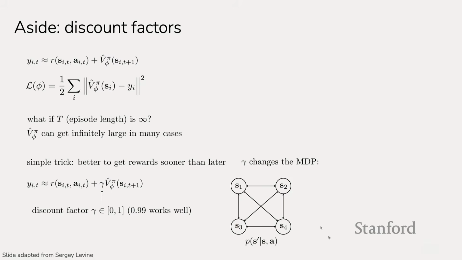If you have some original MDP right here, the way that this discount factor would change the MDP is that with probability 1 minus gamma, you enter this death state where you can't do anything else after that. And the original probabilities in the rest of the MDP are all multiplied by gamma.